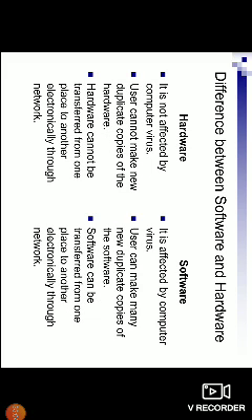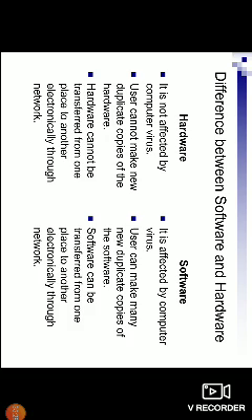Hardware is not affected by computer virus. Software is affected by computer virus. With hardware, the user cannot make new duplicate copies. With software, the user can make many new duplicate copies.